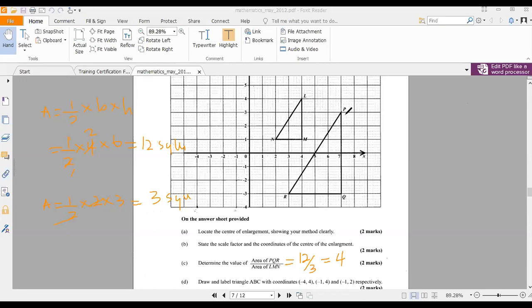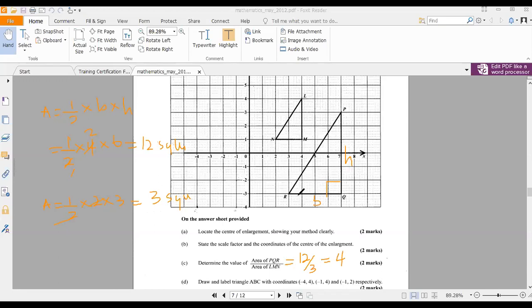You see the PQR, this will form a right angle here. So they ask you to determine the value of the area of PQR. This is your P, Q, and R. This is the base for the PQ, and this is the height. You get that?